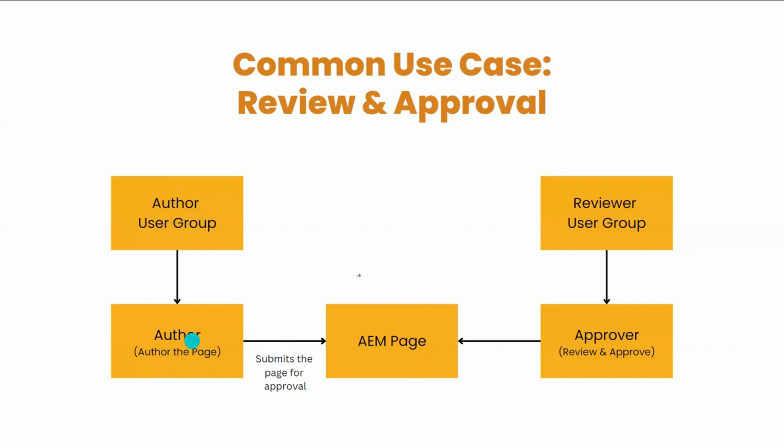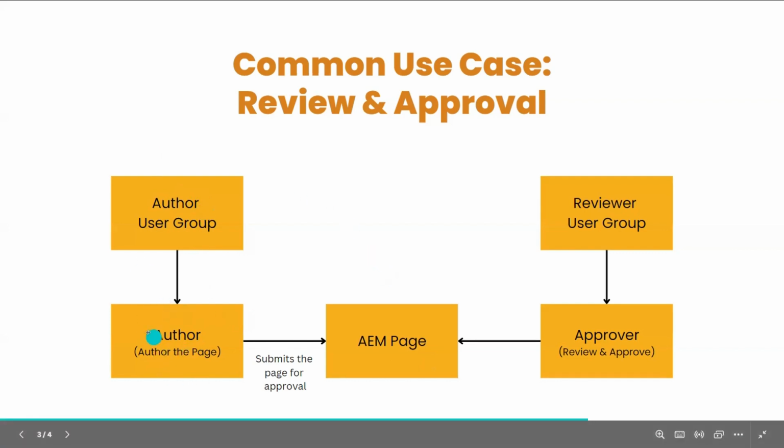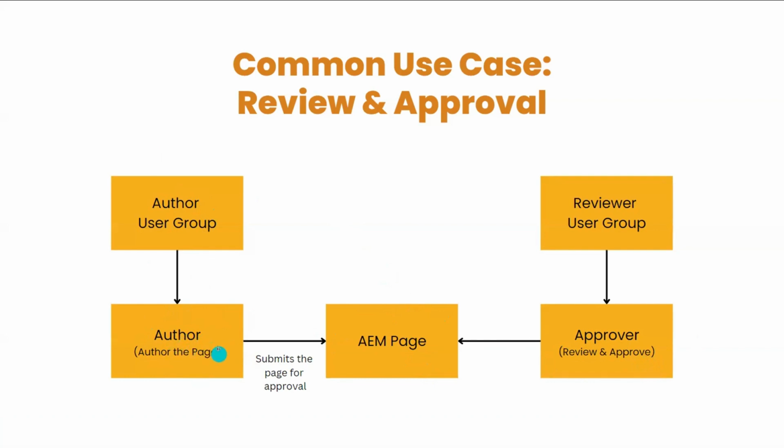The use case I'm trying to explain here is that we already created the user groups and users. What this author will do is add some elements on the page, like components, and then submit this page for approval. This approver might be his boss or a lead content author who will approve whether this person has done the authoring changes rightly or not.